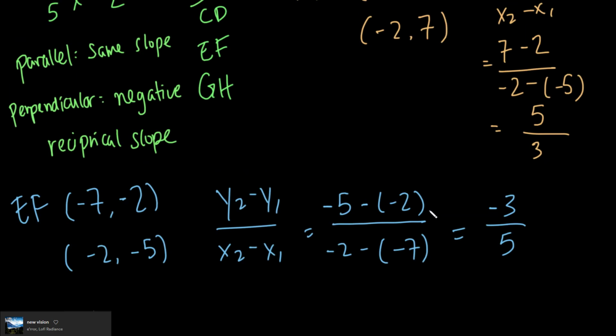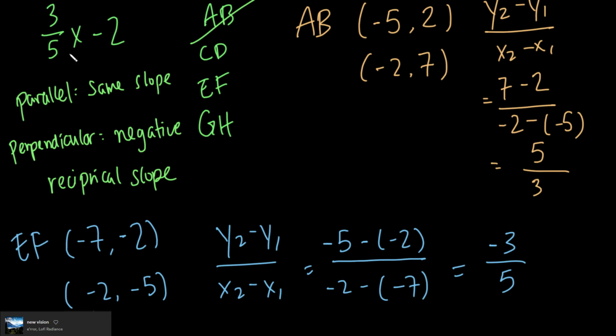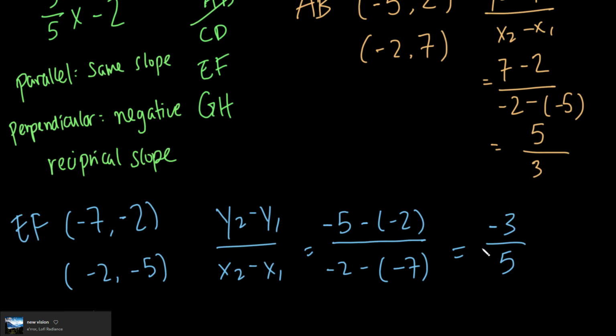So if we look at our slope here, we have 3/5 as our original line. We have -3/5. In this case, it's none of the above because it's not the same. These two numbers are not the same, but it's also not the negative reciprocal, which means option EF here is also wrong.